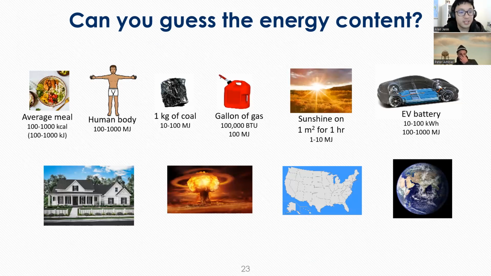So you can think about the comparison of the EV battery with a gallon of gas. A 100 kilowatt hour battery would have roughly the same energy content as 10 gallons of gasoline.